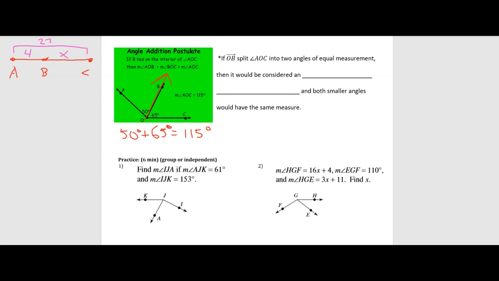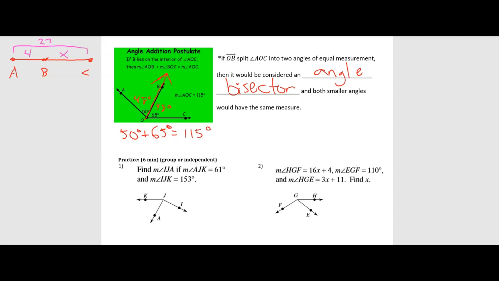So let's say it split it up into 48 degrees and 48 degrees, then this would be known as an angle bisector. So an angle bisector is just a ray, a line that splits an angle into two equal smaller angles. So just like we can have a segment bisector, we can have an angle bisector.